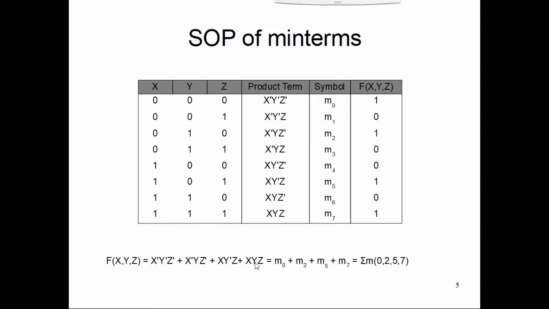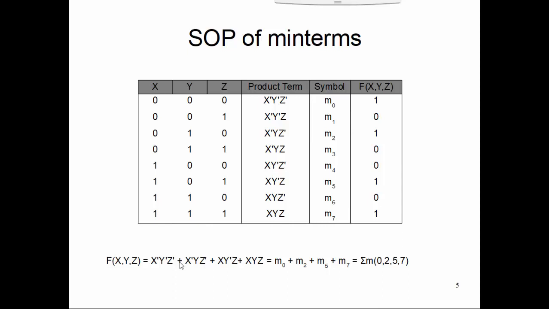How am I picking up these terms? I am picking up the product terms from those rows which have a function value of 1.